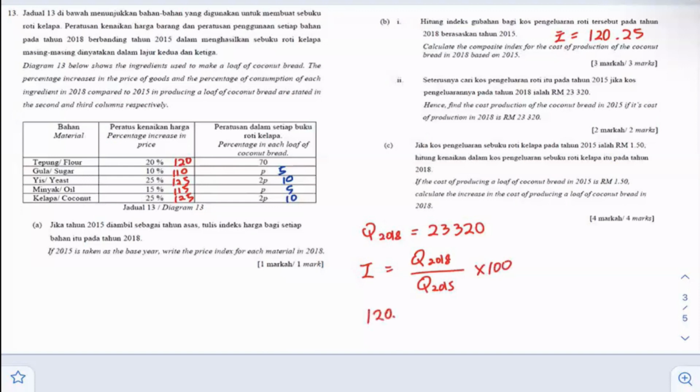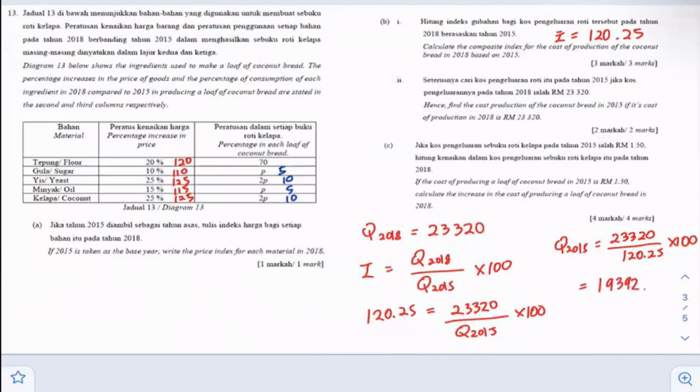So 120.25 equal to 23320 divided by Q 2015 multiplied with 100. So Q 2015 will be equal to 23320 divided by 120.25 multiplied with 100. And you'll get the answer is 19392.93.